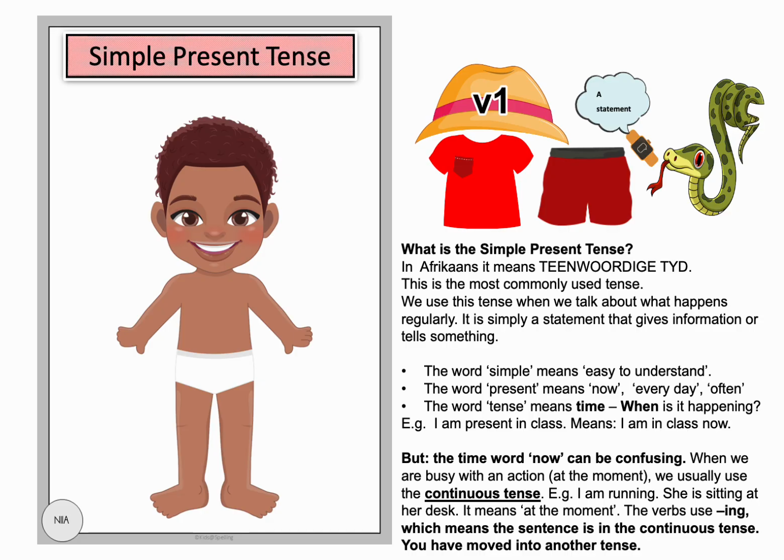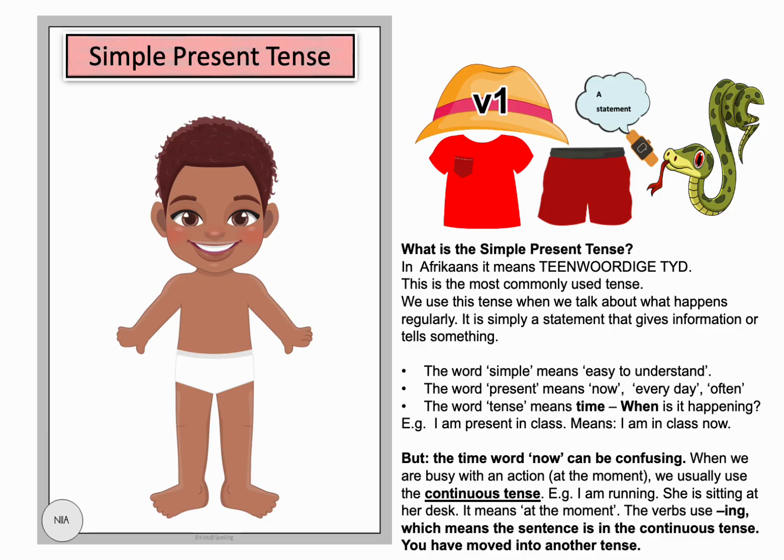But the time word now can be confusing. When we are busy with an action at the moment, we usually use the continuous tense. Example, I am running. She is sitting at her desk. It means at the moment. The verbs use ing, which means the sentence is in the continuous tense.